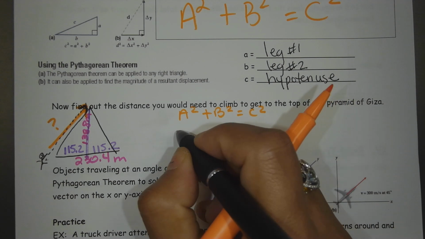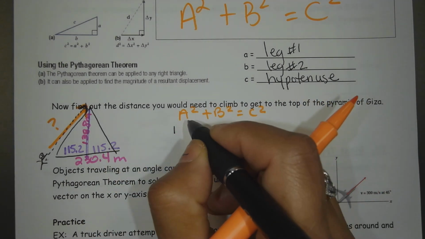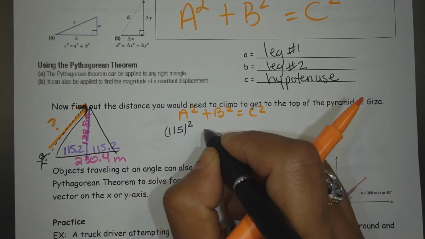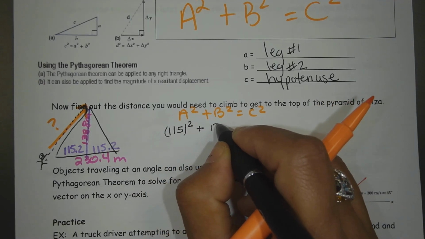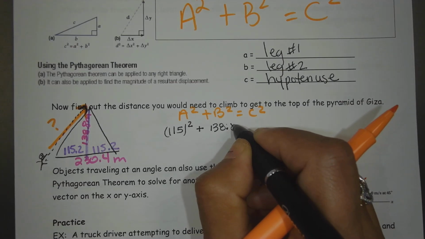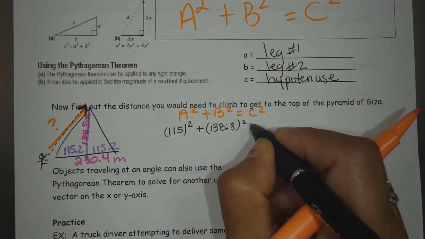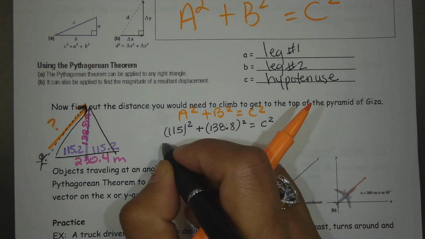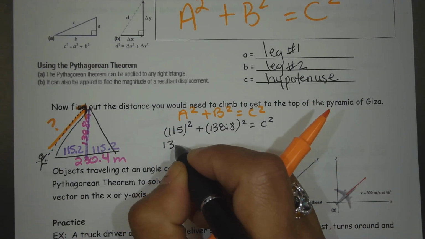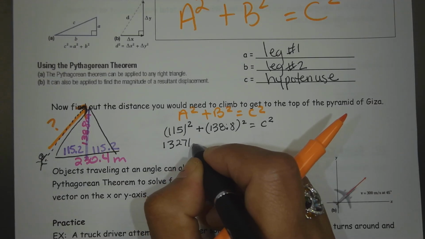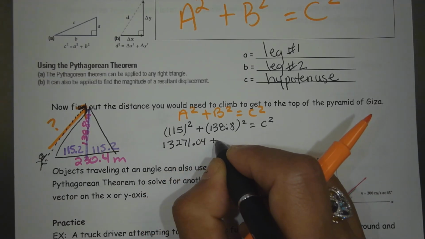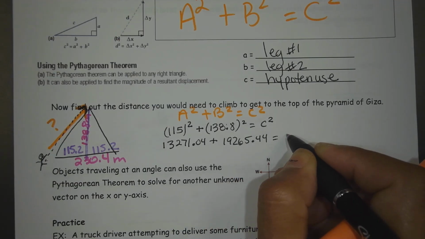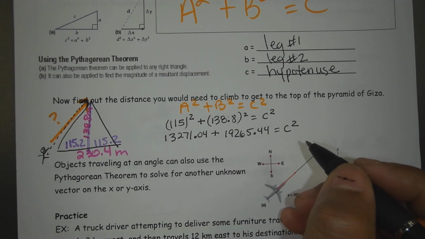It does not matter which way you put it in the calculator. 115.2 squared, do not forget to square it, plus 138.8 squared equals c squared. I went ahead and squared it, double check my math from last year: 13271.04 plus 19265.44 equals c squared. I'm going to do it step by step. I'm sure you can plug it all into one quick equation.